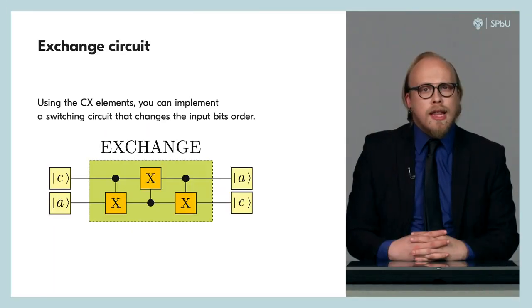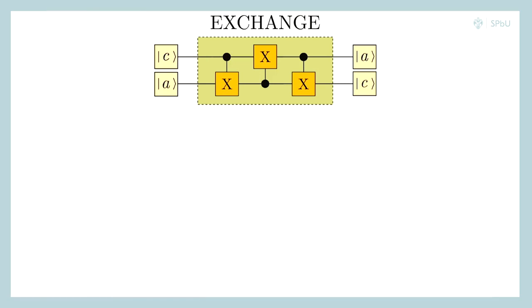In conclusion, let us consider the so-called exchange scheme, composed of three CX elements and swapping qubits A and B at its input. We will need this scheme further when we get acquainted with the quantum algorithms. Now, we want to consider the exchange element, and let's first introduce the timescale.